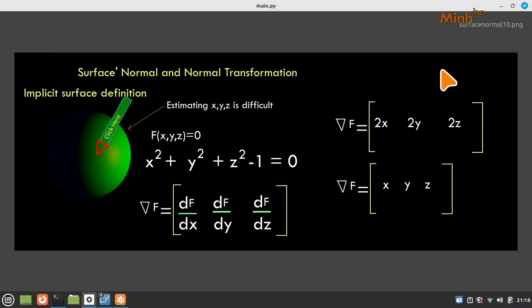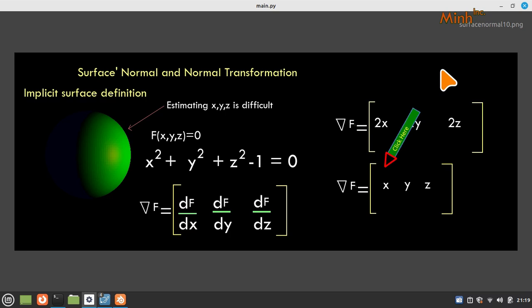Then we have a formula like this: x square plus y square plus z square minus 1 equal to 0. Now we find the gradient in x, in y and z. If I calculate like this, the net gradient, then we can get the normal. So easy. That will be 2x, 2y and 2z in the direction of x, y, z.